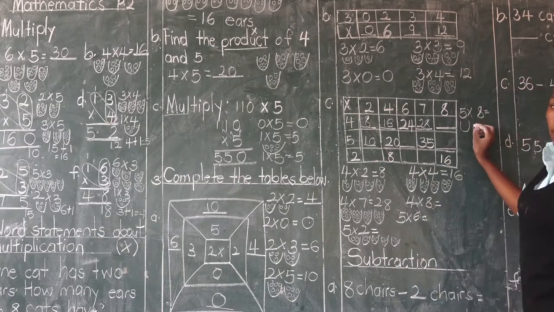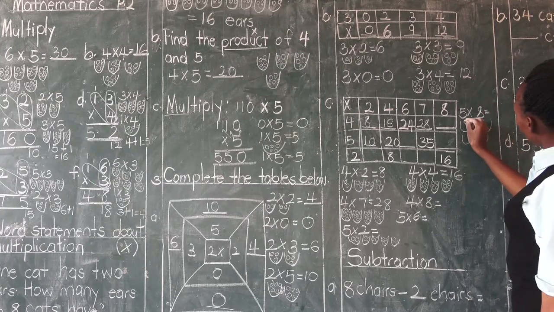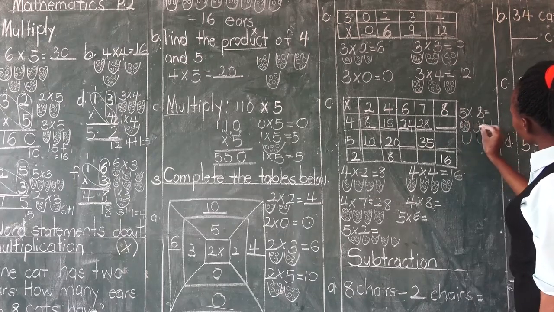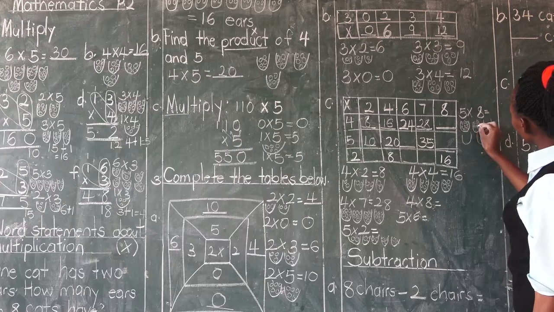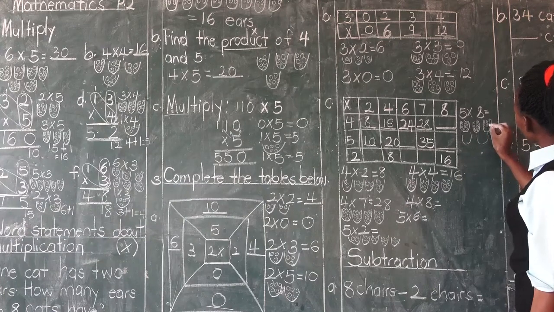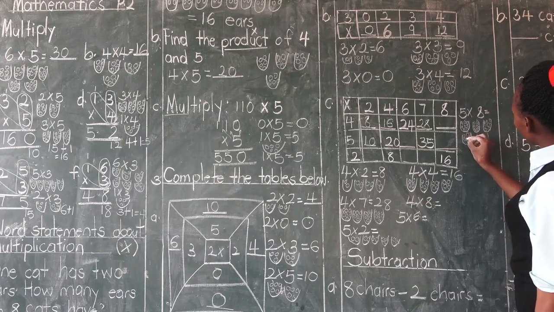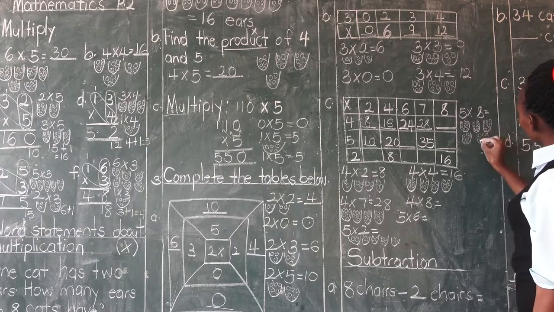1, 2, 3, 4, 5 groups of this. 1, 2, 3, 4, 5, 6, 7, 8, five times.